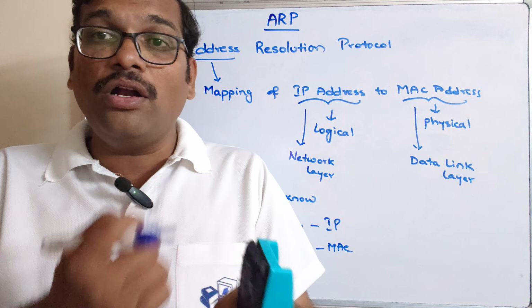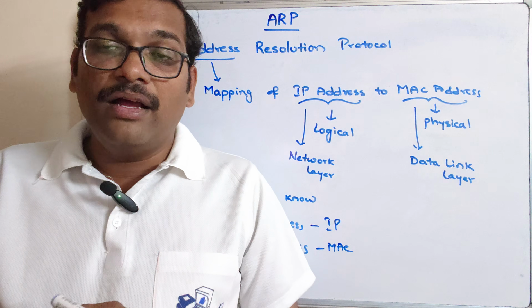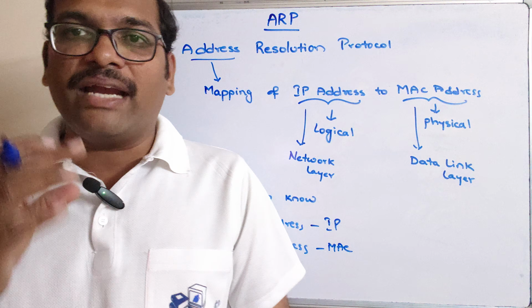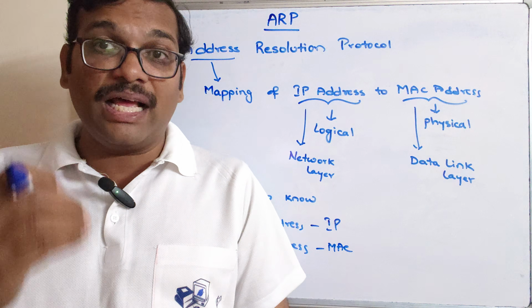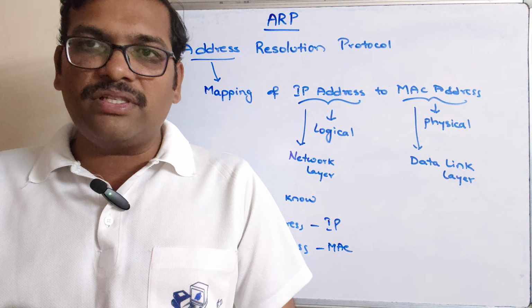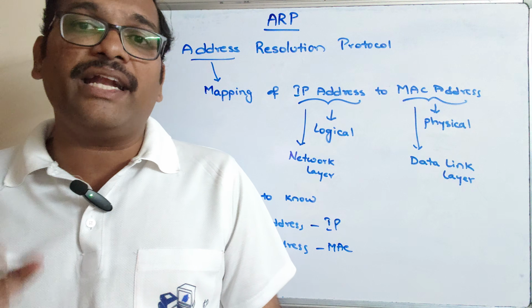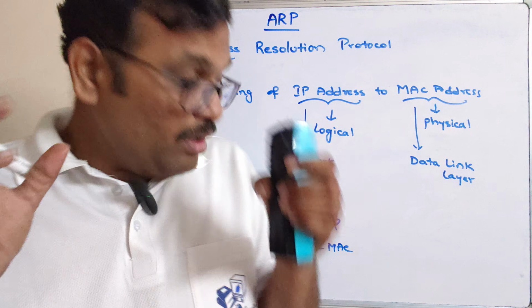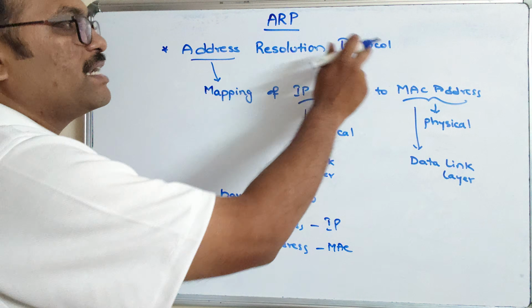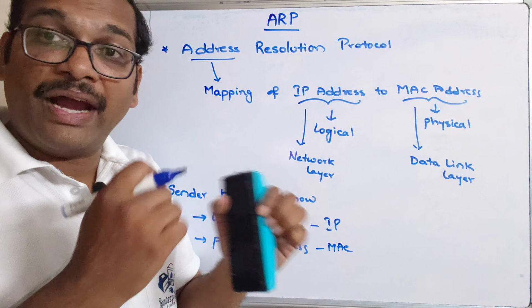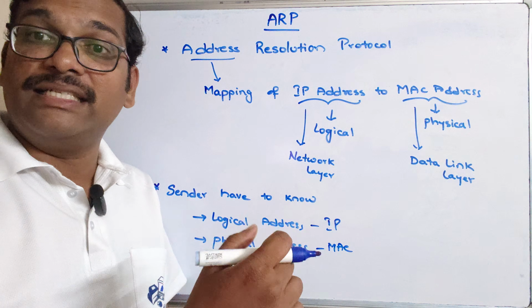Here, in order to send the data, the sender has to know the MAC address. Because the MAC is a physical address, it gives the exact computer or device to which the data has to be transmitted. That will be done by this address resolution protocol. We'll see how it finds the MAC address after reaching the LAN.